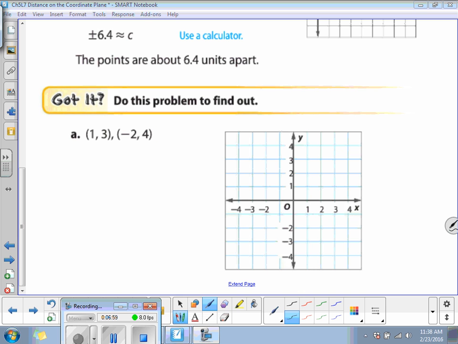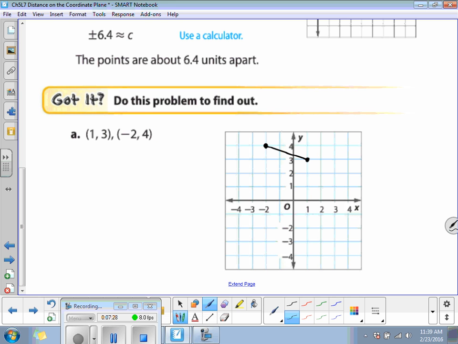So the first thing we're going to do is plot the 2 points that we're given. Okay? So we've got (1, 3). (1, 3) is right here. And we have (-2, 4). (-2, 4) right there. Okay? And we want to find the distance between the two.